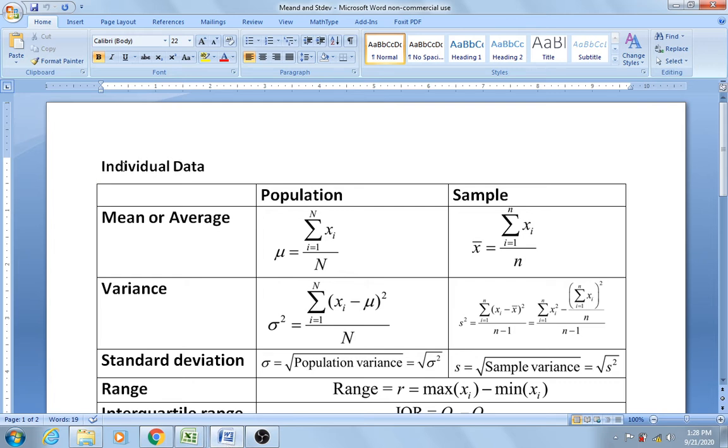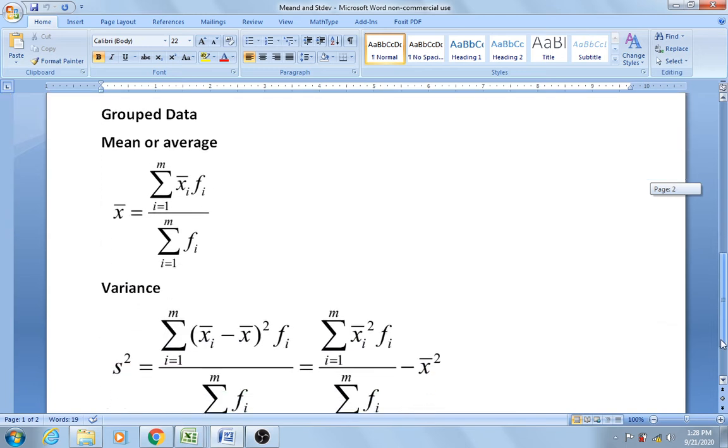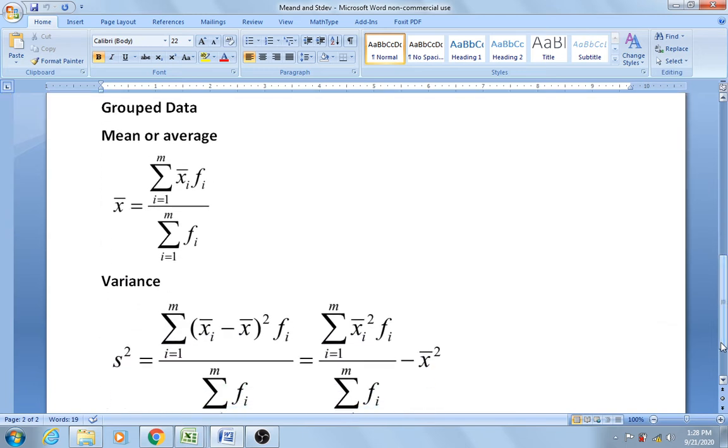Number one, when the data are individual data, that means the data is not in the form of a histogram. And then we will also calculate the mean and the variance of data that we already group in the form of a histogram.